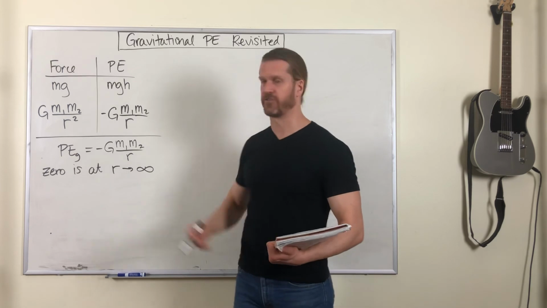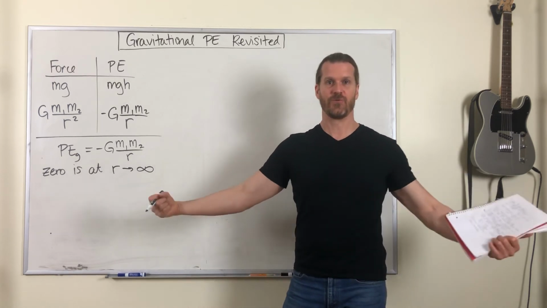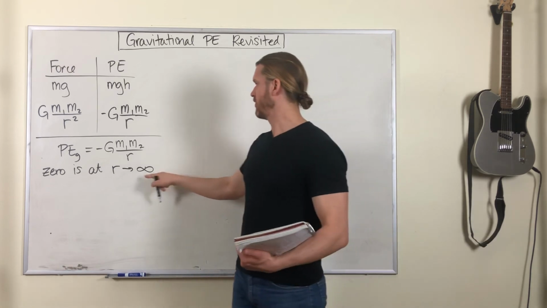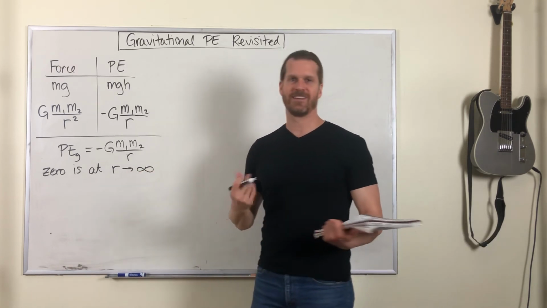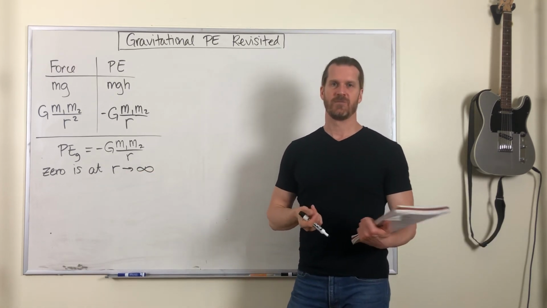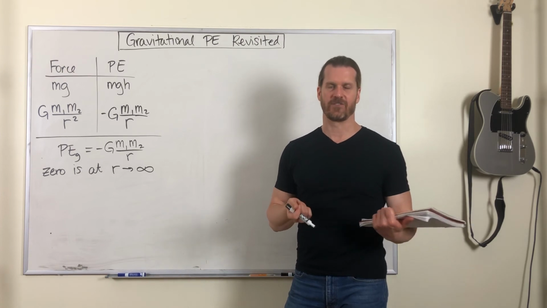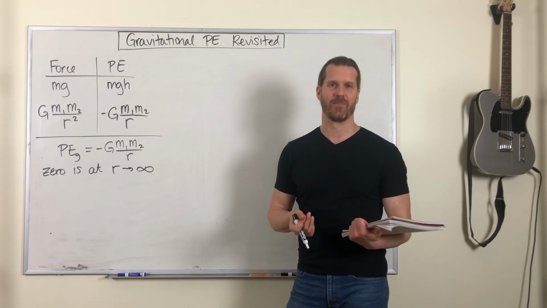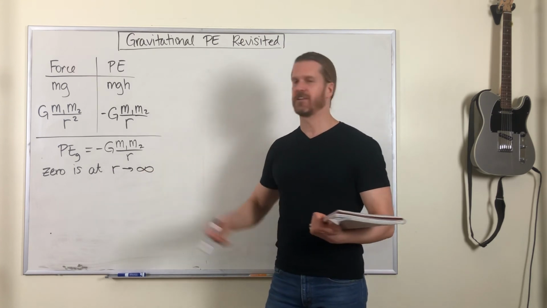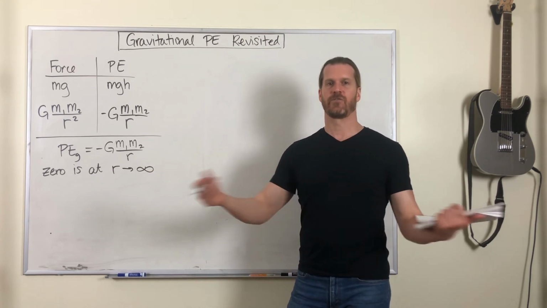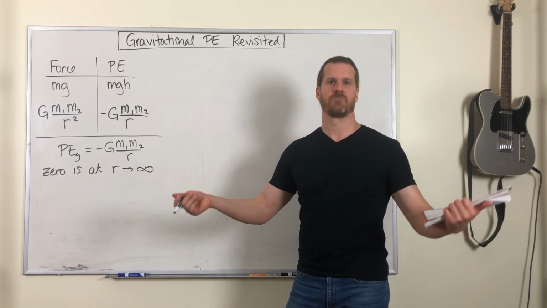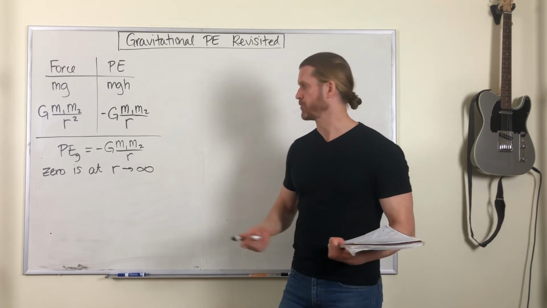And we're saying that position is when the two interacting objects are really, really far apart. So in physics, when we say infinity, I mean, infinity doesn't actually exist in nature. That's an abstract mathematical concept. Infinity really means that they're just far enough apart that the gravity force is small enough that it doesn't matter.